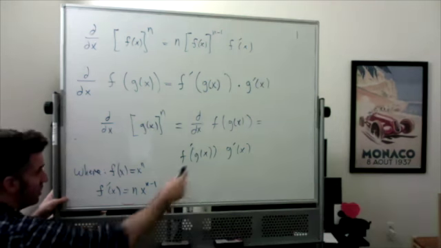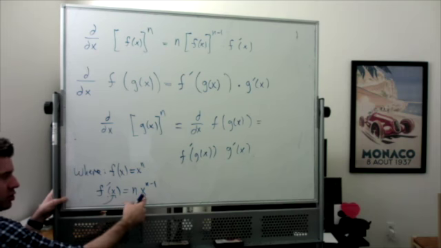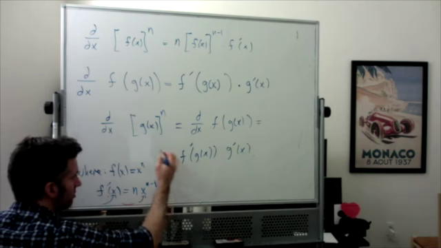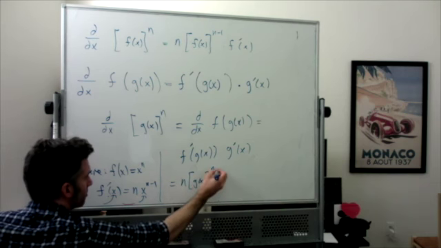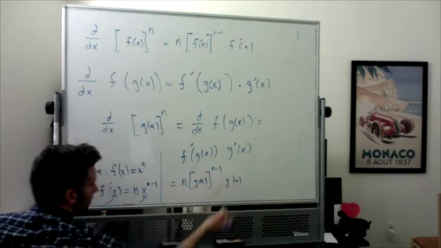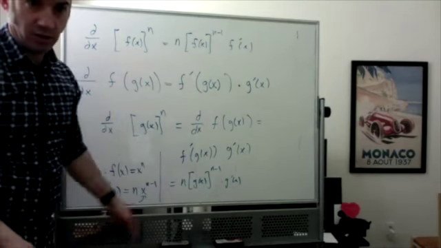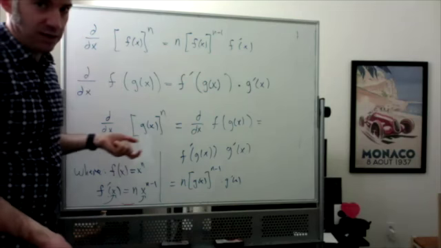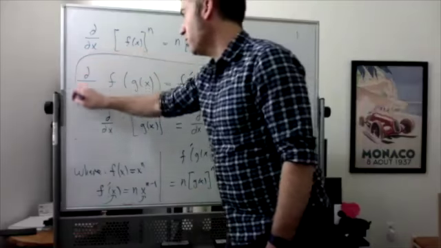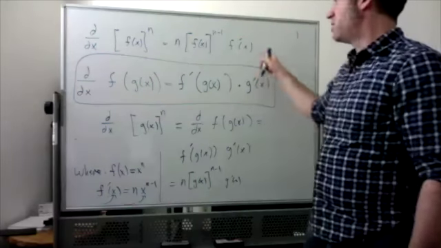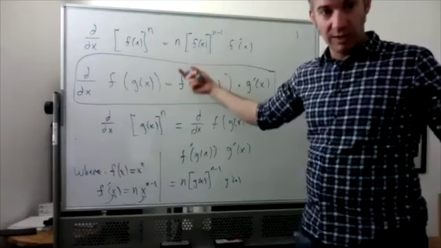So f prime of g of x, if I sub in g of x for x, you get n times g of x to the n minus 1, times g prime of x. Which is just the power rule version of the chain rule. So what I'm really trying to say with this long explanation is that this is the rule we want to know. And this is just a special subcase of that rule, where the outer function is being raised to the nth power.